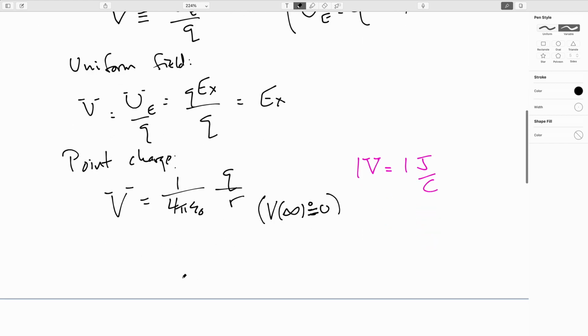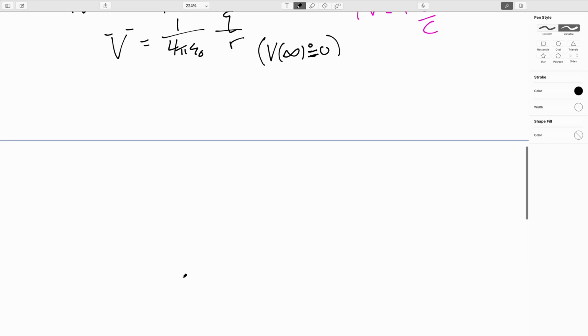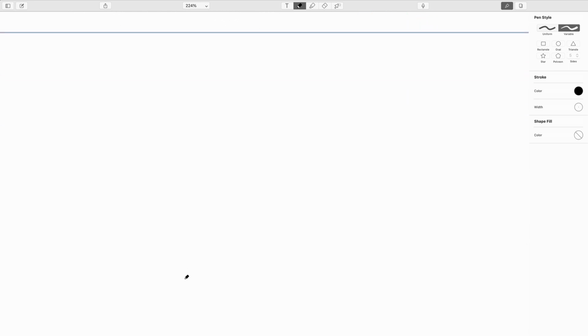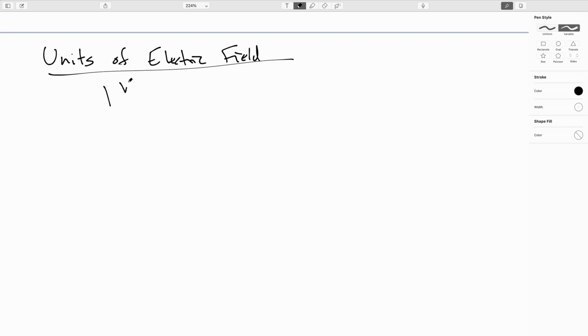So now we'll loop back for just a second and talk about units of electric field. Now that we've got the volt, it's time to tell you how physicists usually write units of electric field. So far we've been writing it as a Newton per Coulomb, but physicists usually write it as volt per meter.